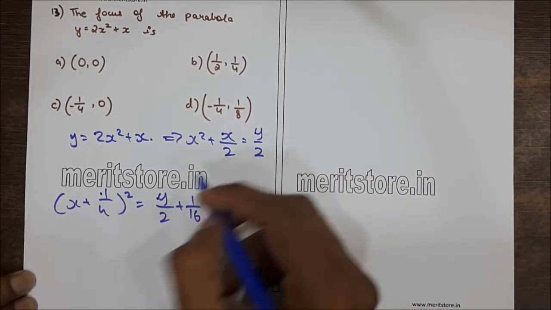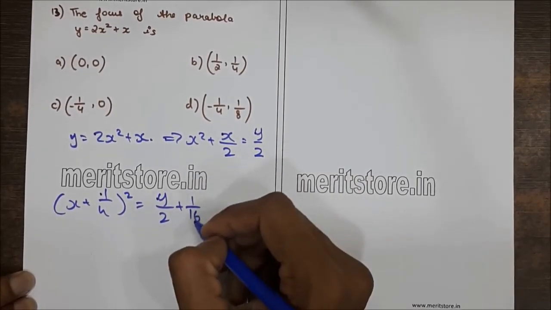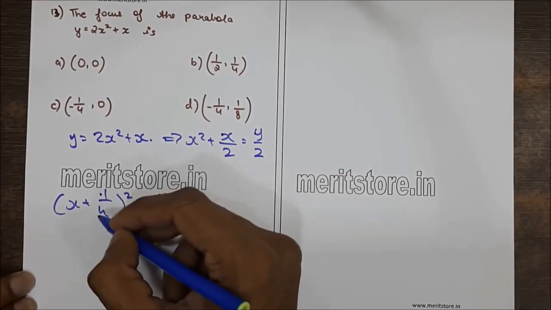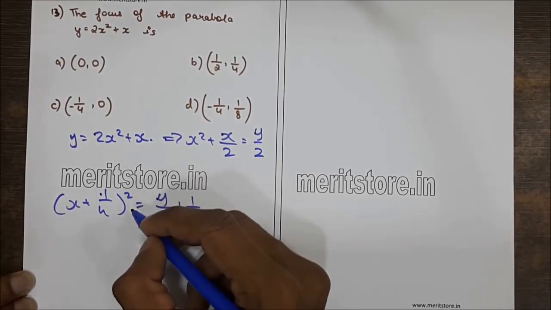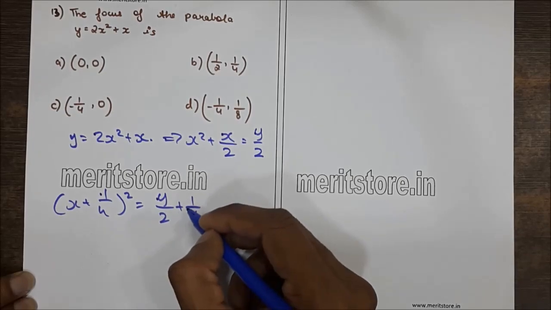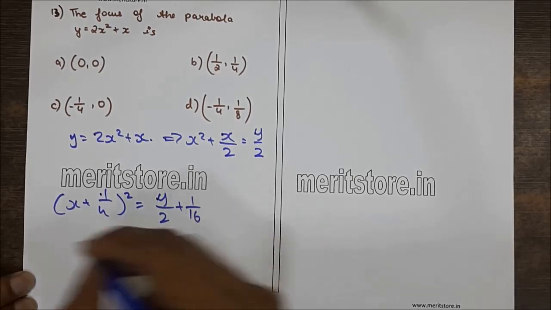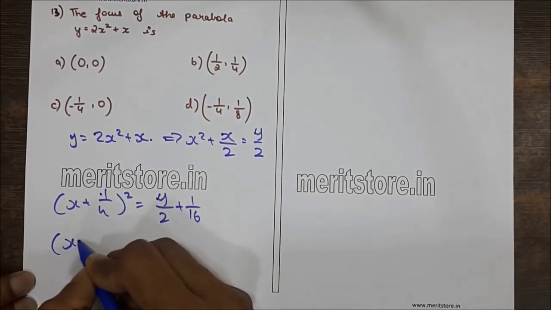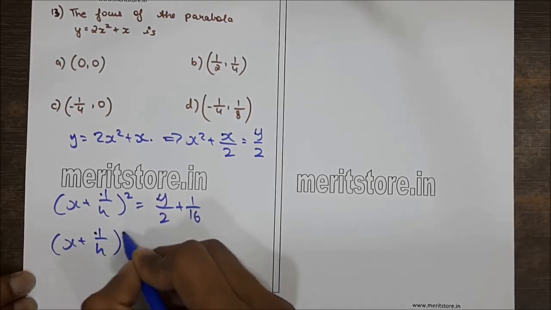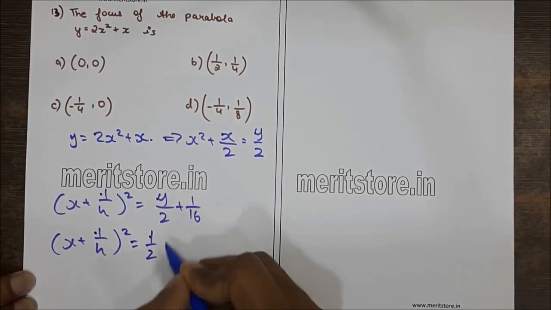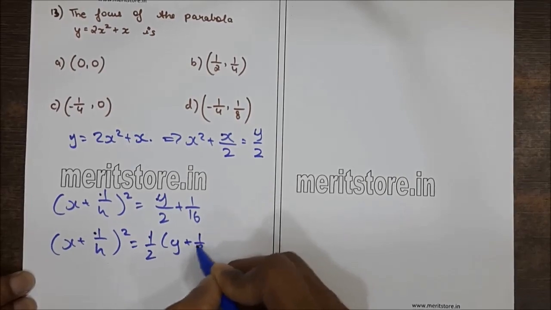We add 1 by 16 on both sides, and we get the equation x plus 1 by 4 the whole square equal to y by 2 plus 1 by 16. Further we can write this as x plus 1 by 4 the whole square equal to half of y plus 1 by 8.